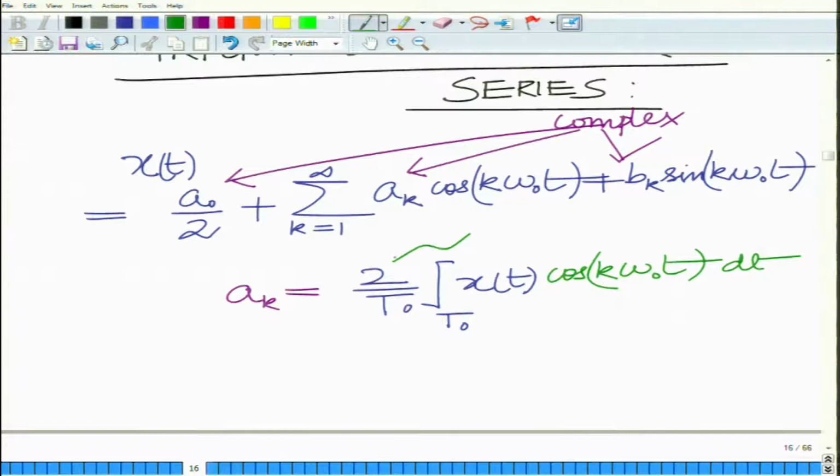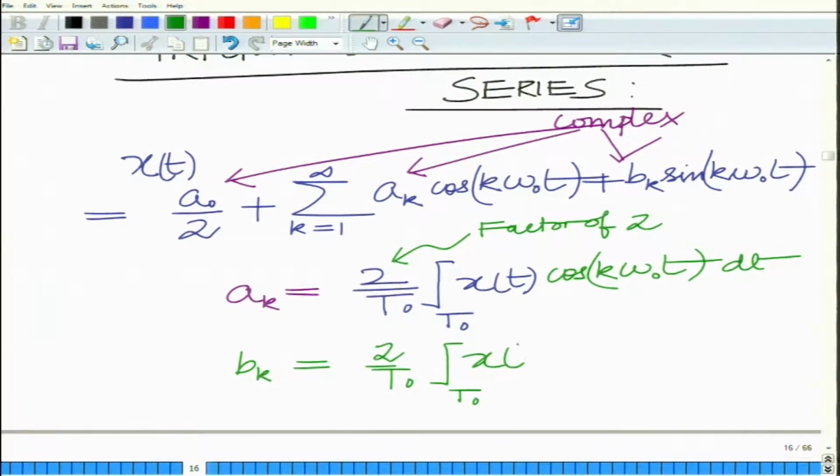Notice that there is a factor of 2 here, and this you will see in the derivation. Okay, one should not forget this. And b k equals 2 over T naught integral over T naught of x(t) sin k omega naught t dt.